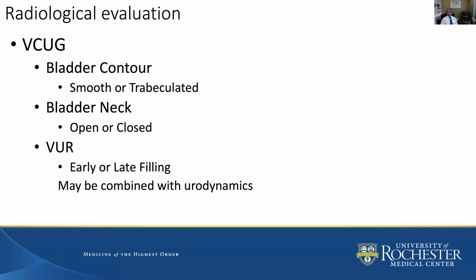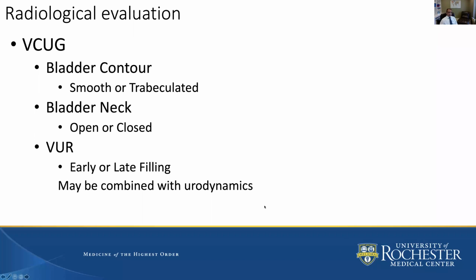If the bladder neck is open, is it open right away from the beginning of the study, or does it open up later on? And the vesicoureteric reflux, again, does it happen right away with filling of the bladder, or late in the filling? That sometimes guides you as to how safe the volumes are for the VUR.